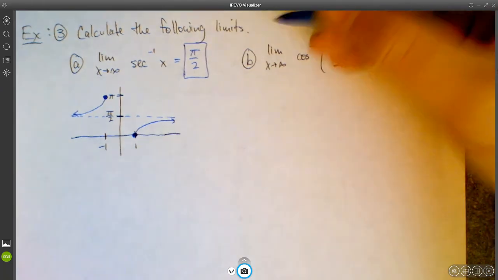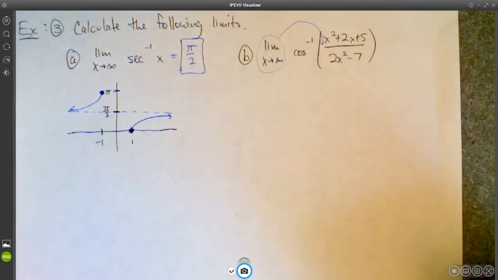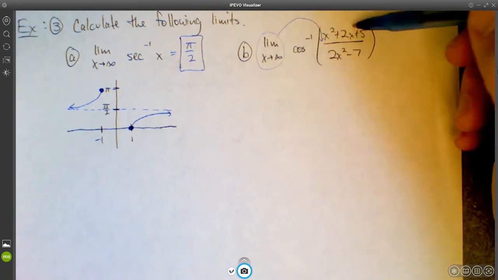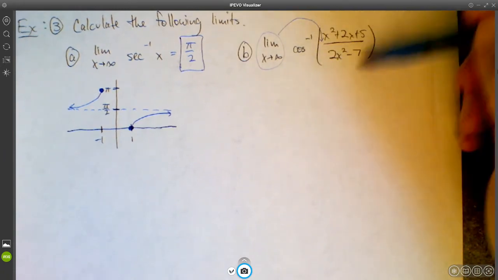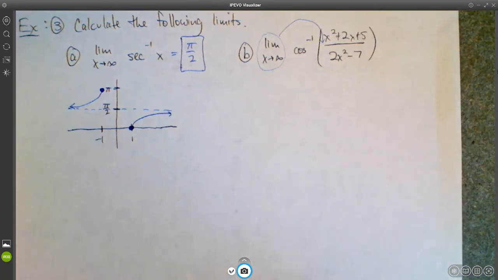What that means is that we can take this limit and just put it inside of here. So we're really looking for cosine inverse of the limit as x approaches infinity of this thing. If we can find the limit as x approaches infinity of this rational expression, then we can just plug that value into the cosine inverse.